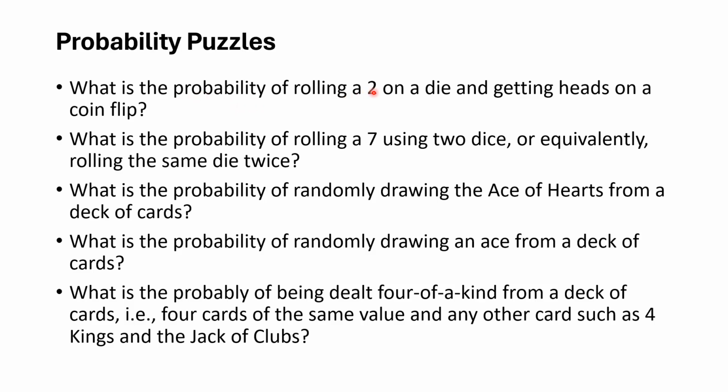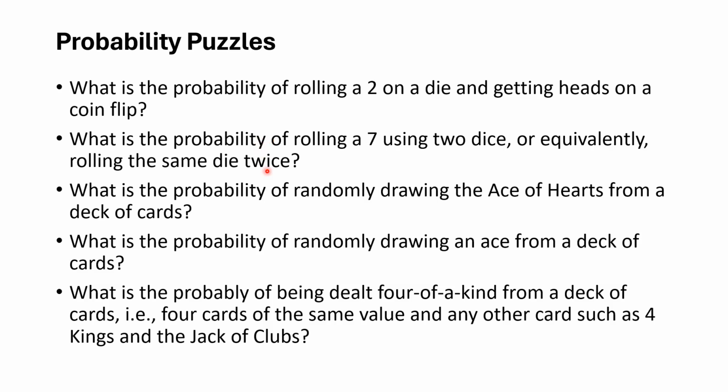But we basically have 2 independent events, rolling the die and then flipping the coin, are independent. And when you have that, you multiply the probabilities together. So we have another one that's similar. What is the probability of rolling a 7 using 2 different dice, or equivalently rolling the same die twice and getting a 7?